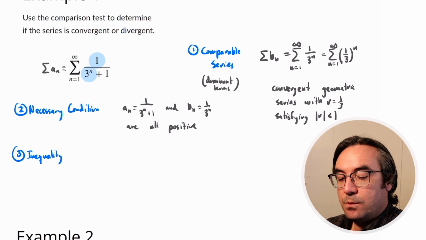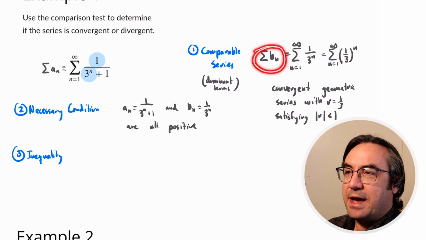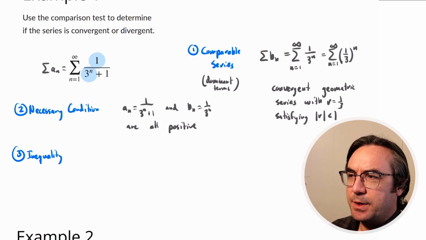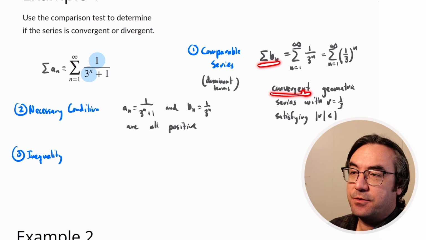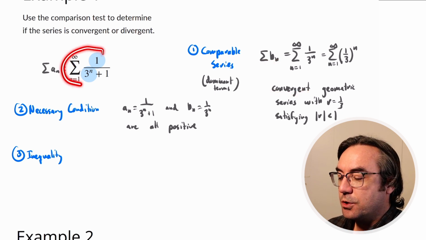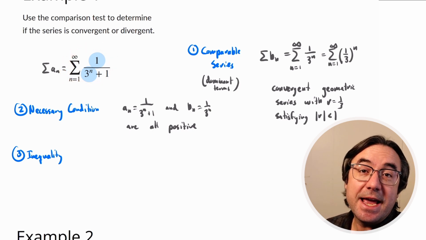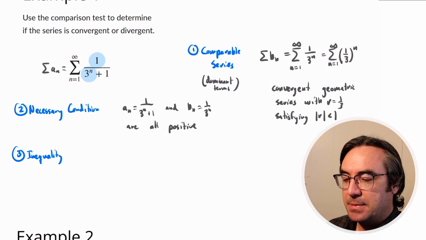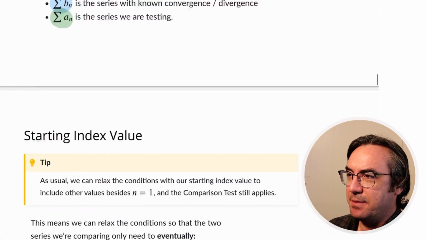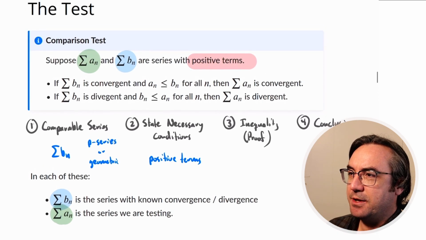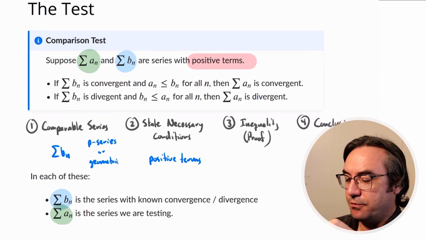Okay, so now we're ready to prove the inequality. Which inequality are we going to do? Well, we know sigma bn is convergent, so we're suspecting that sigma an is going to be convergent. If we go back up to the statement of the test, which version are we going to prove?